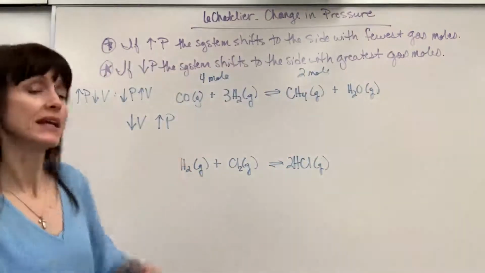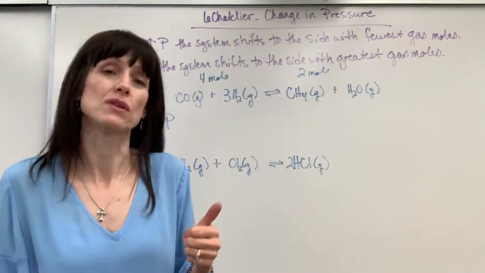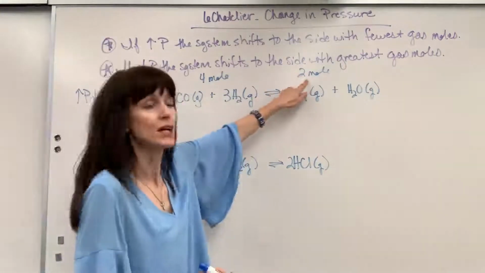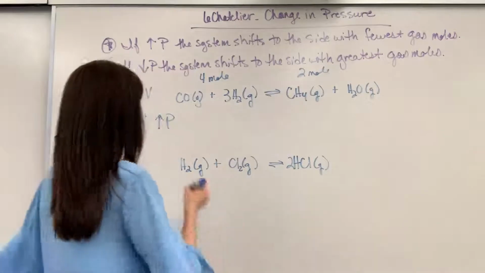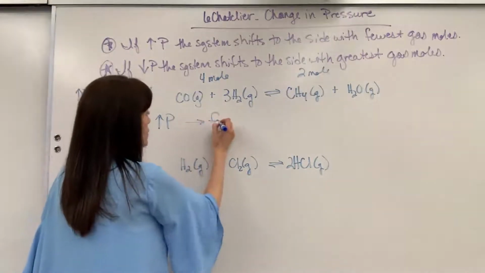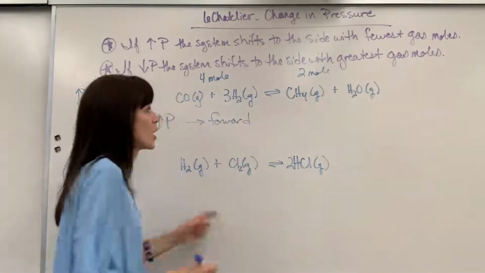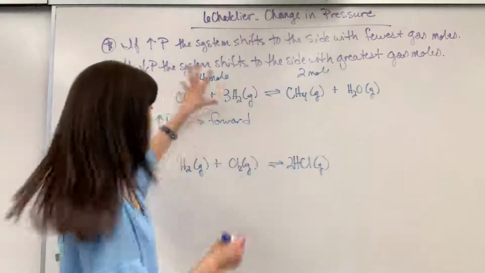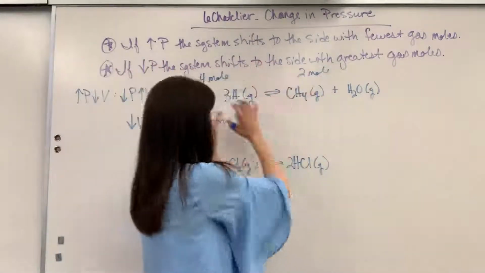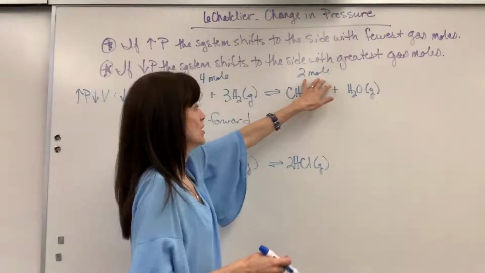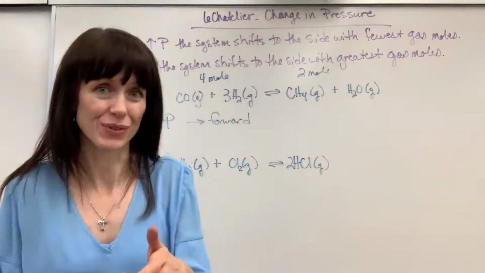So again, I increase pressure, it is going to go to the side with the fewest gas moles. There it is. 2 is smaller than 4. So this is going to shift forward. It is going to make more of the products. We'll have more collisions with the reactants to consume reactants, produce more products, so that we have fewer gas moles.